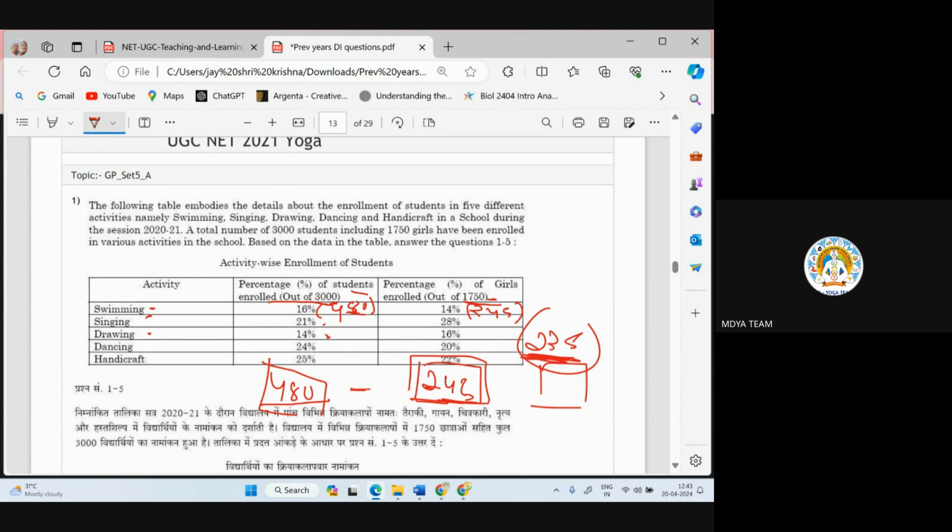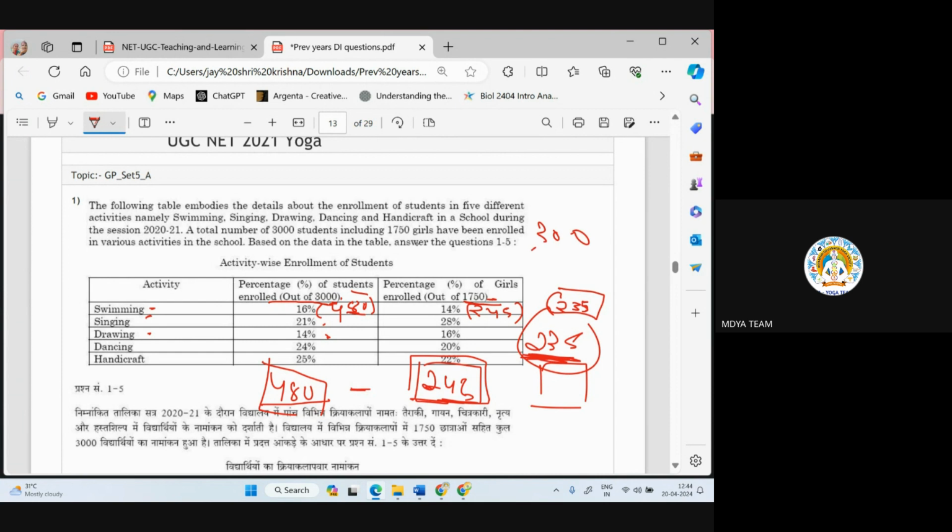Now let's make the question a little bit complex. I'm not going to ask a question right now. I want you to develop your insight on this table. So out of this 480, 235 were boys enrolled in swimming. If I ask you what percentage of boys enrolled in swimming out of these 3000 students, can you calculate?